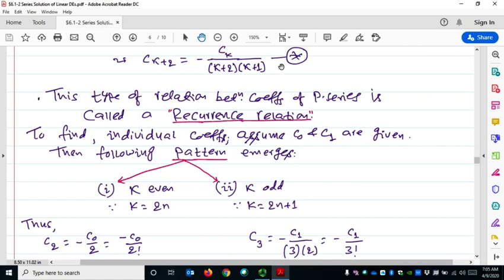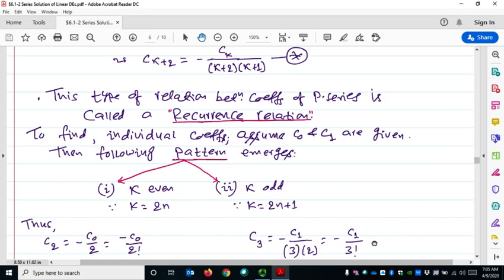Now similarly, let me scroll down. I am substituting values of k in equation star and computing the other coefficients, left side in terms of C0, right side in terms of C1. I hope this makes sense to you.